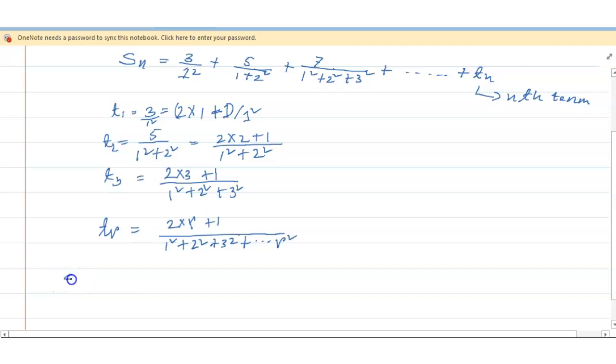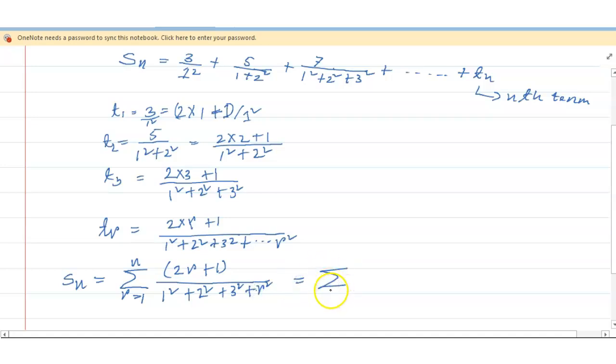So friends, Sn is equal to the summation, r equals 1 to n, of 2 into r plus 1 divided by 1 square plus 2 square plus 3 square plus up to r square.